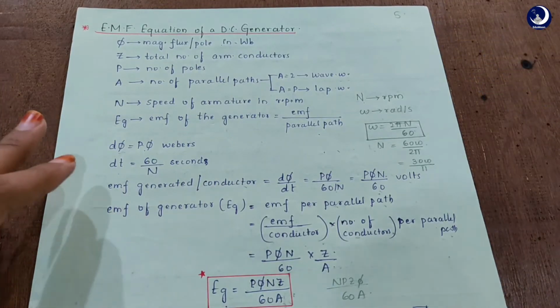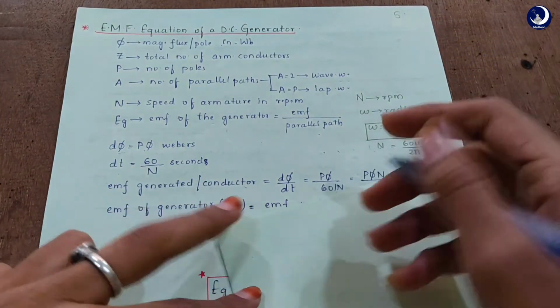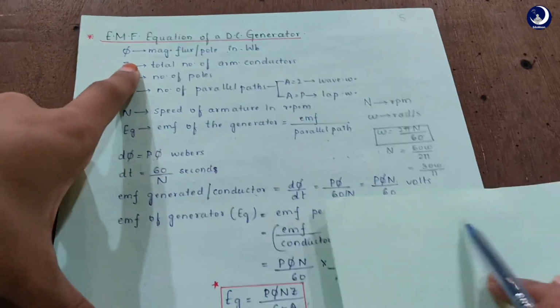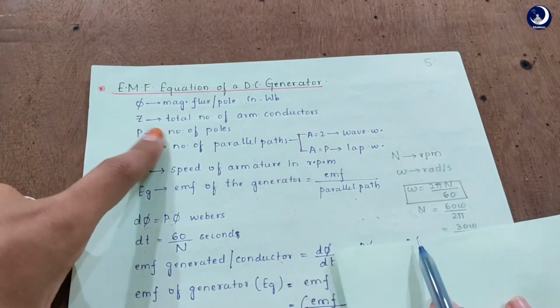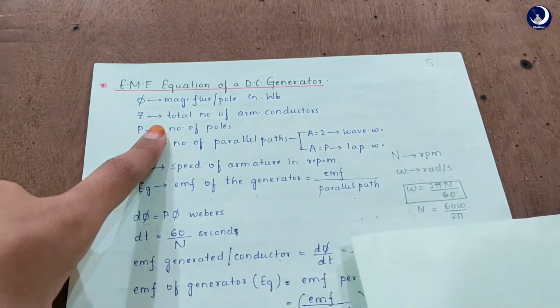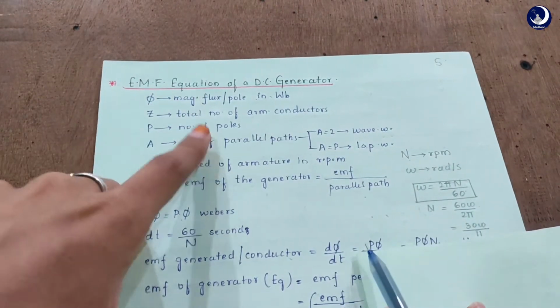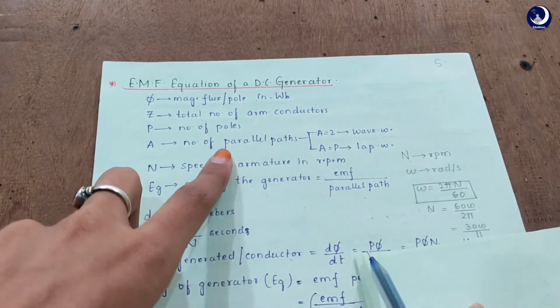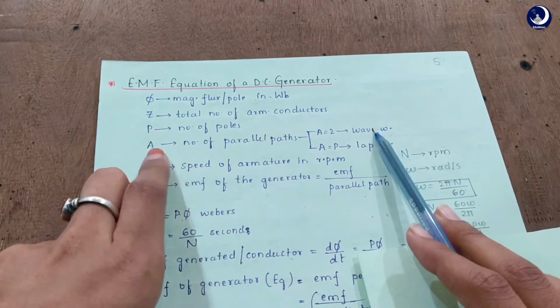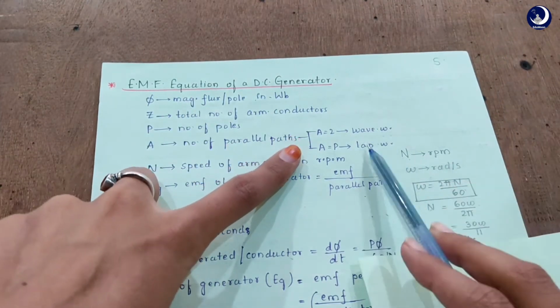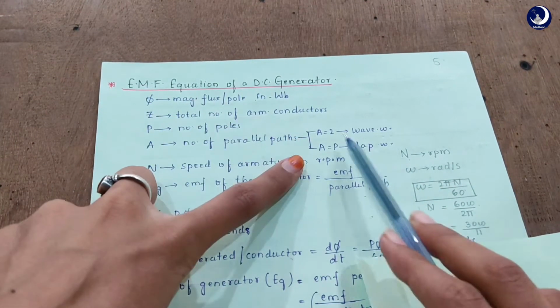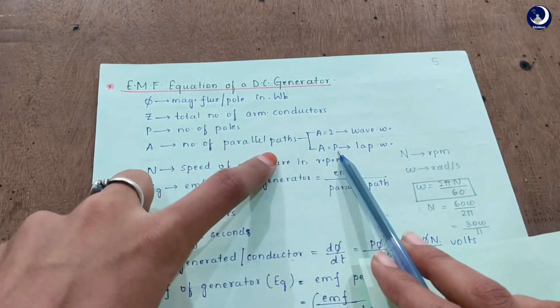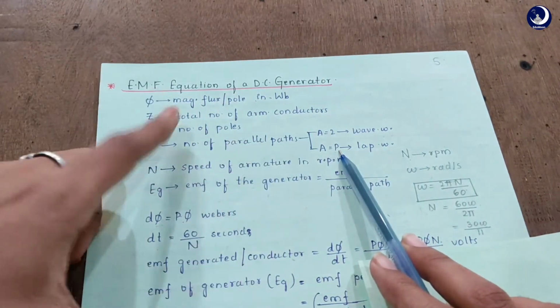EMF equation of a DC generator. Let phi be the magnetic flux in Webers, Z be the total number of armature conductors, and P the number of poles. A is the number of parallel paths. For wave winding, A is 2, it is fixed, and for lap winding, A is P, that is, the number of parallel paths is the same as the number of poles.